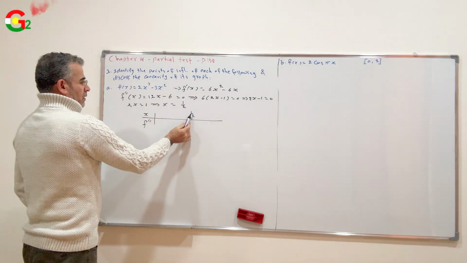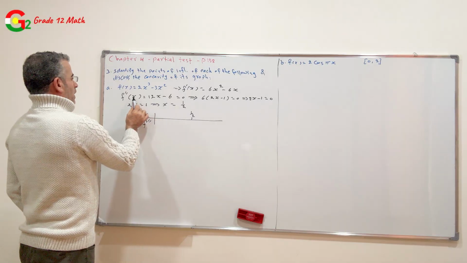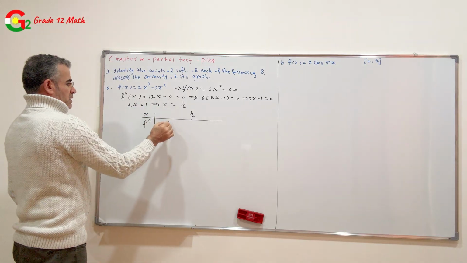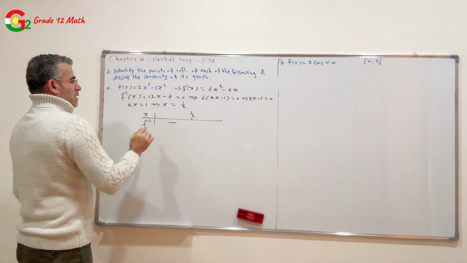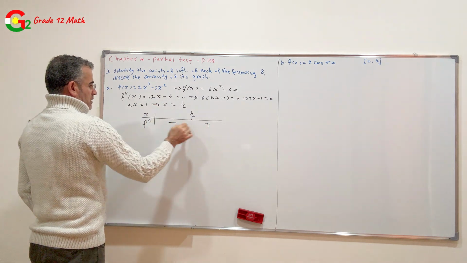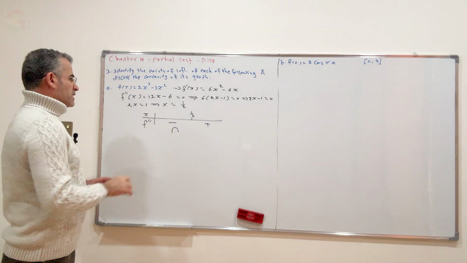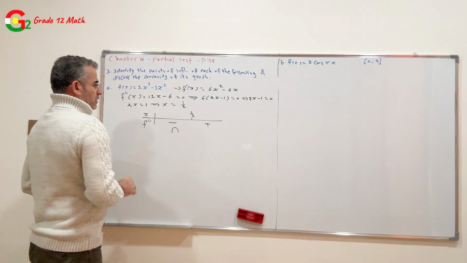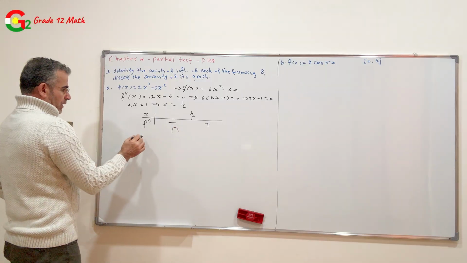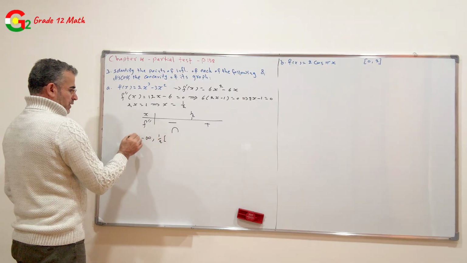Before 1/2, take 0: f double prime will be 0 minus 6, negative. After 1/2, take 1: 12 minus 6 is positive. Therefore, the function is convex between negative infinity and 1/2, open interval.